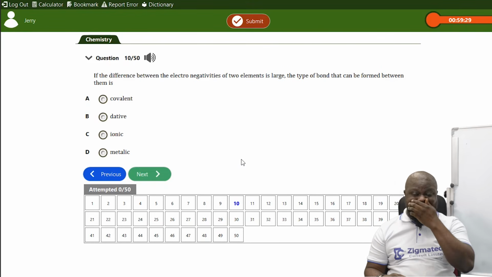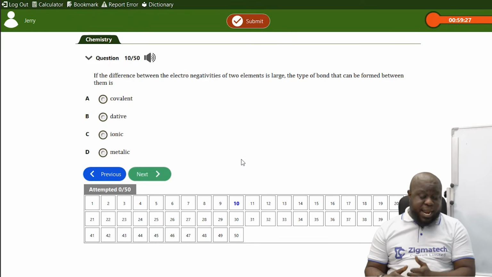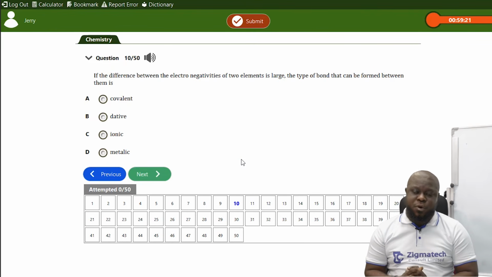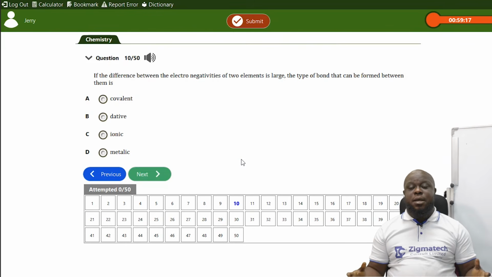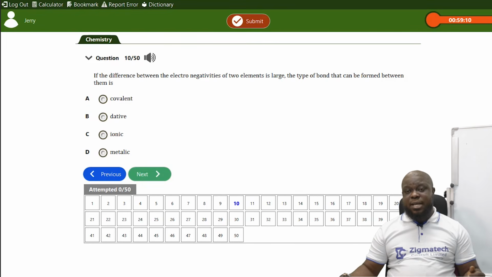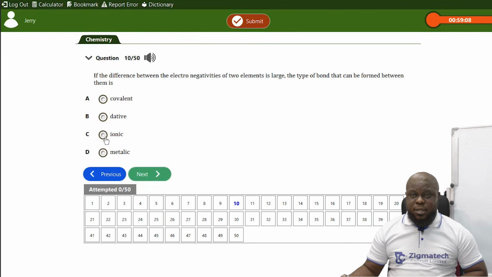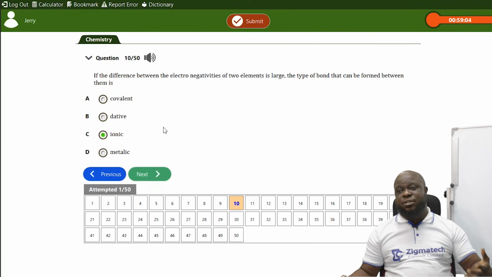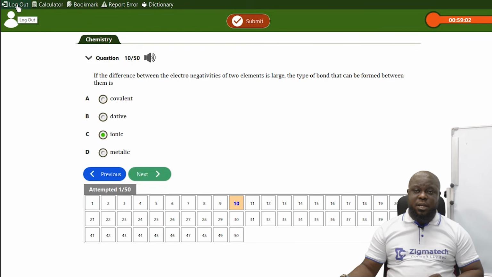If the difference is large, what type of bond will be formed? Remember I told you about metallic bonds, ionic bonds, dative bonds, and covalent bonds. So the answer there is ionic. Ionic talks about two different charges, positive and negative.